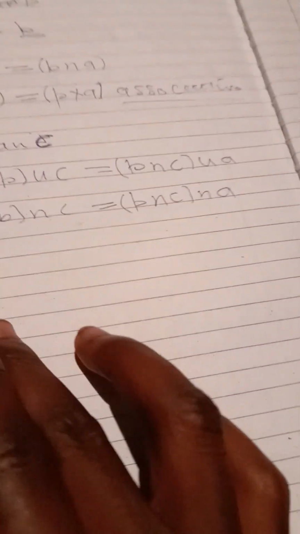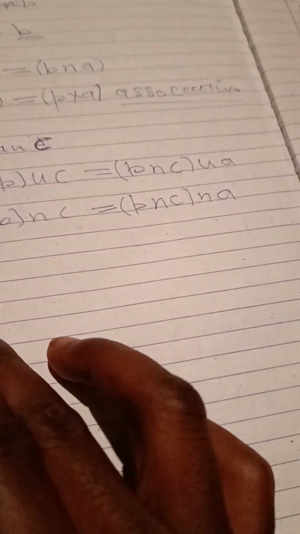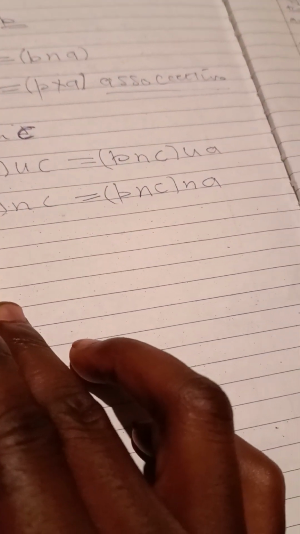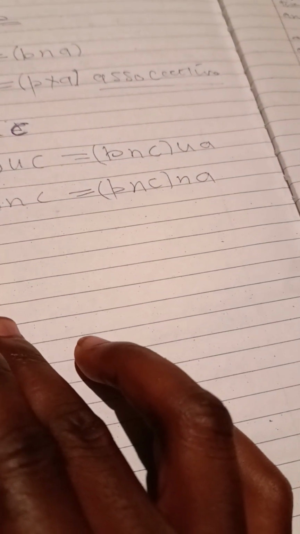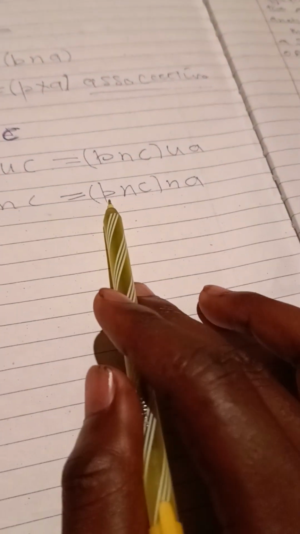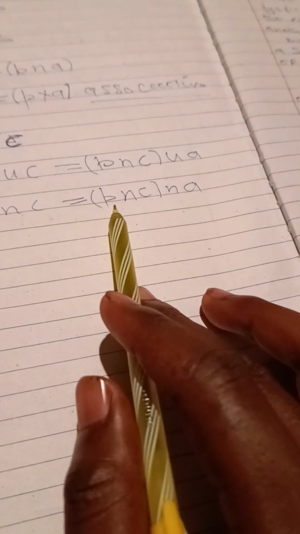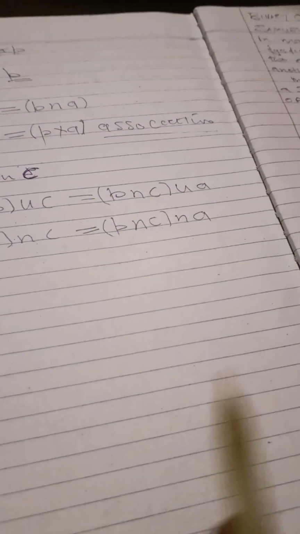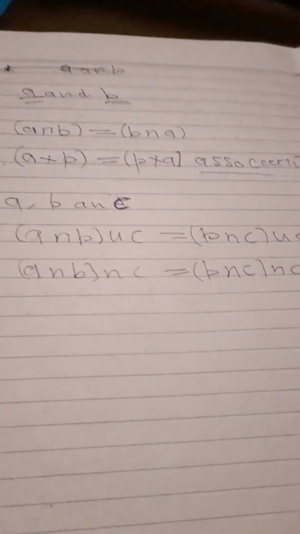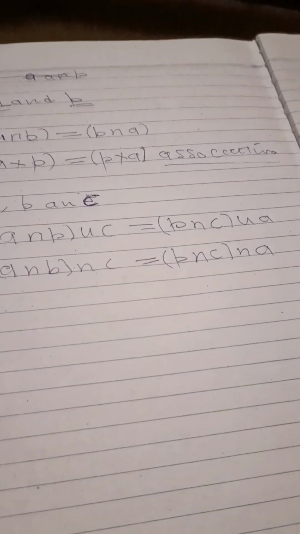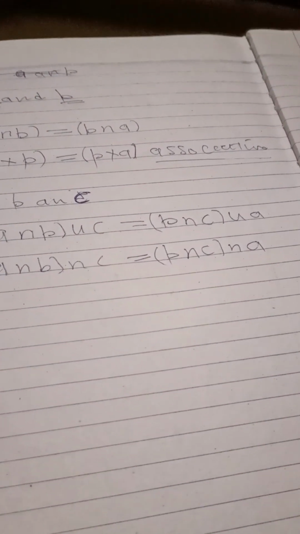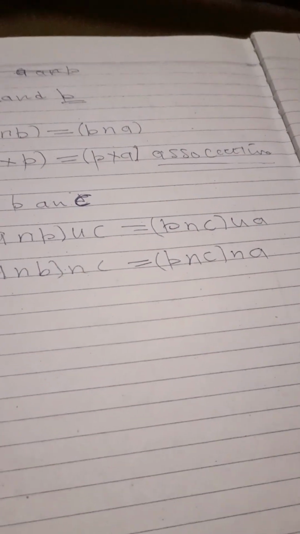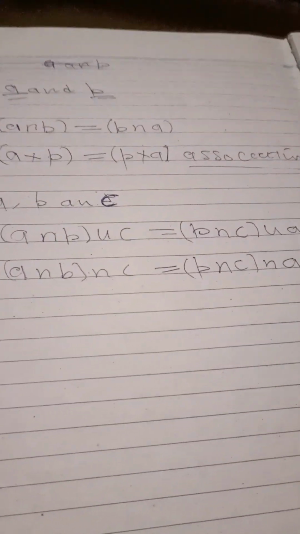When we start with A and B in combination, it should also be the same when we operate with the combination of B and C. So you can see, either way, it should give you the same results. But if this is not giving you the same results, then it's not qualified to be commutative.